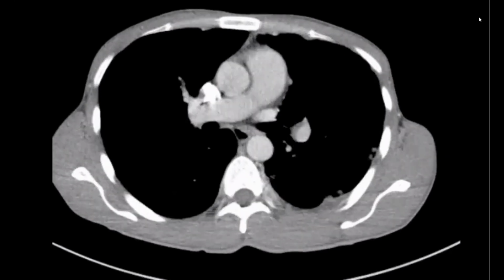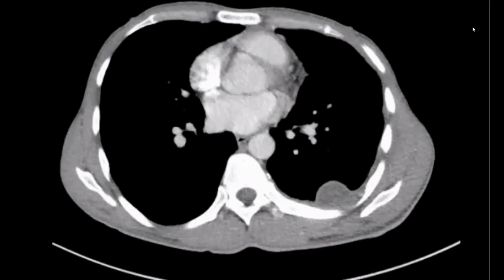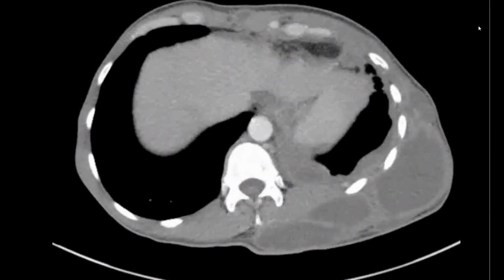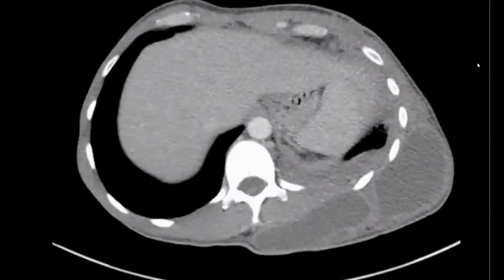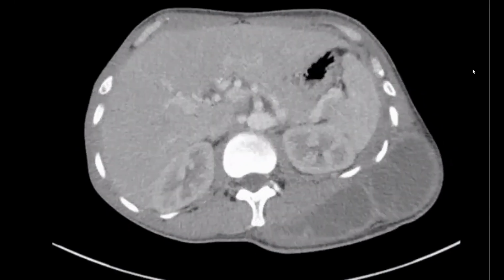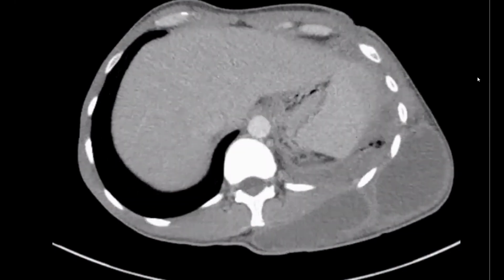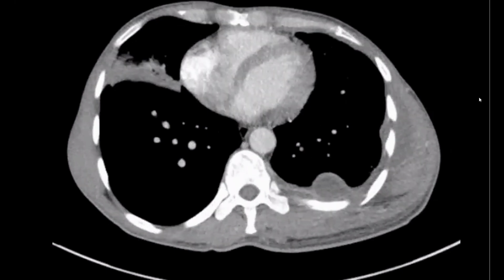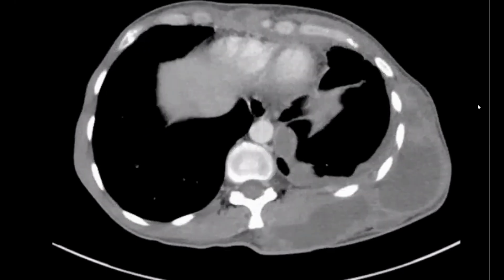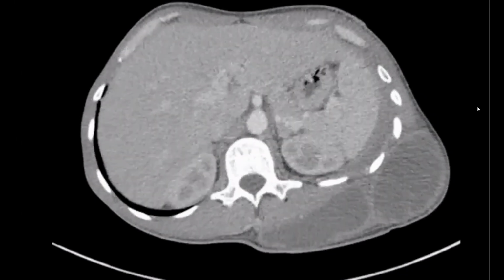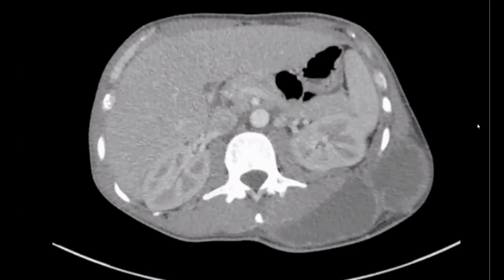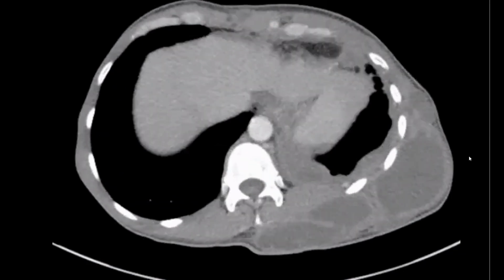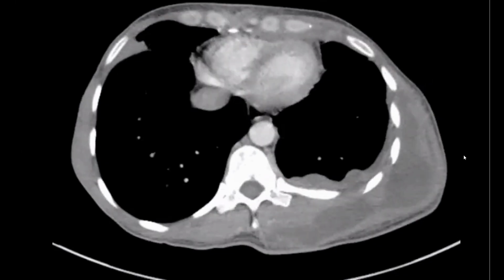I am going through the images. I've been presented with CT chest post-contrast axial images. I can see that there is a well-defined hypodense cystic area involving the posterior muscles along the chest wall, extending up to the midline.